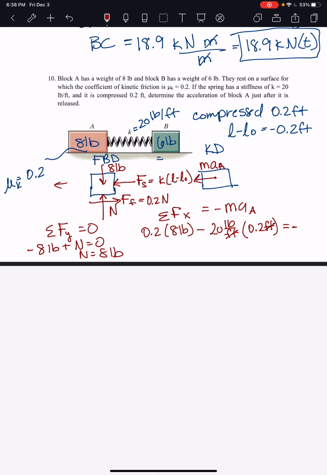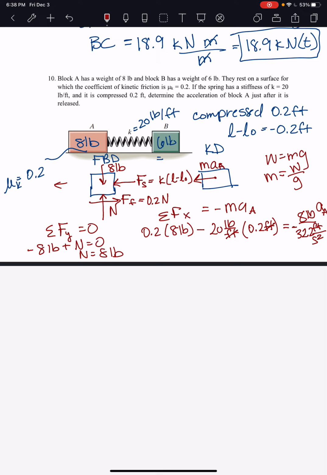The weight is 8 pounds, so W equals mg, so m equals W over g. So 8 pounds divided by 32.2 feet per second squared times that acceleration of A.